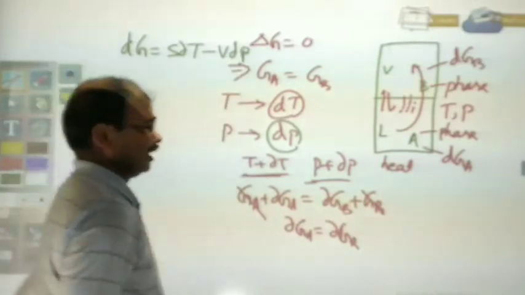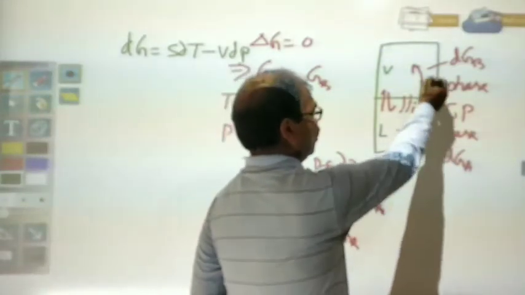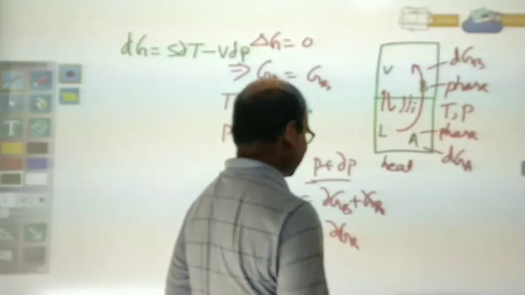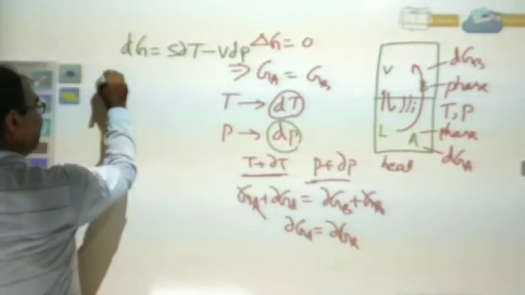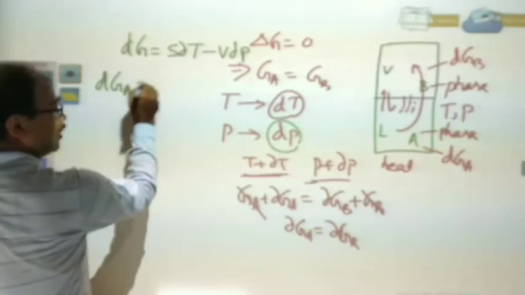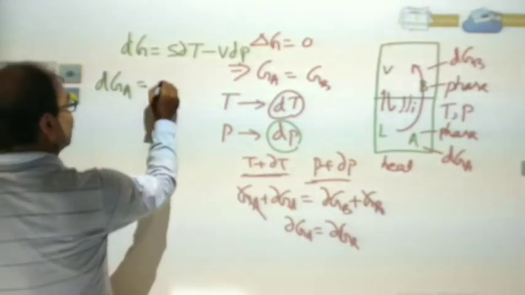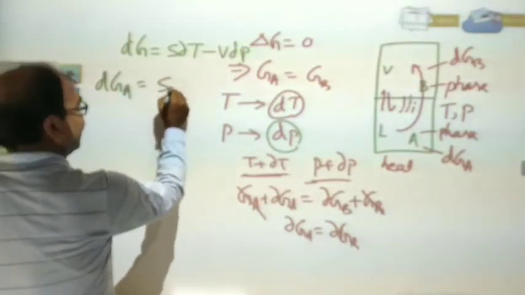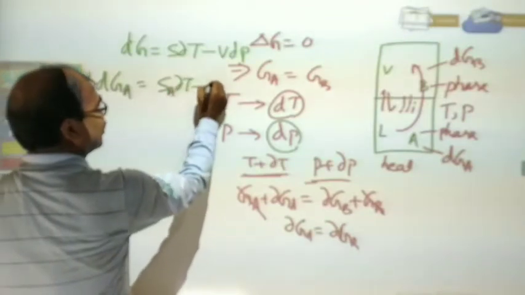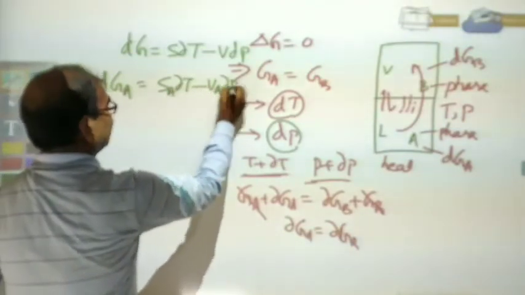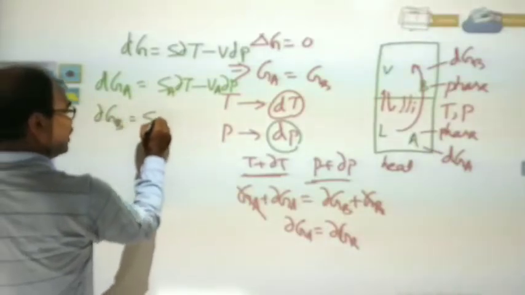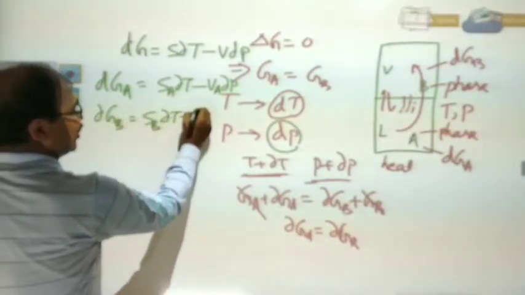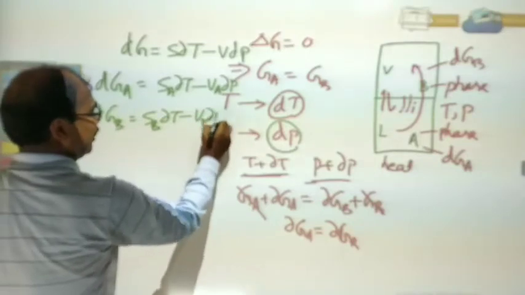Okay, and this is the pure substance in equilibrium in two phases. So we can write dGA is equal to SA dT minus VA dP, and dGB is equal to SB dT minus VB dP.